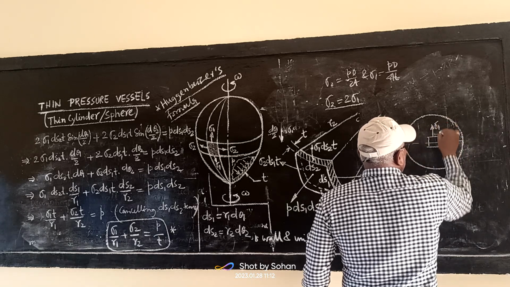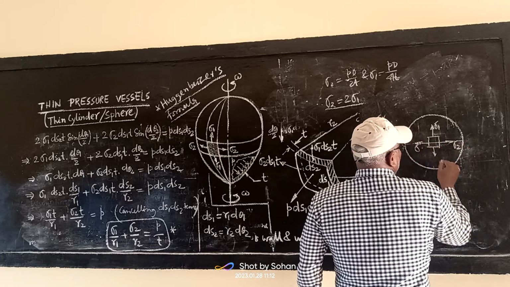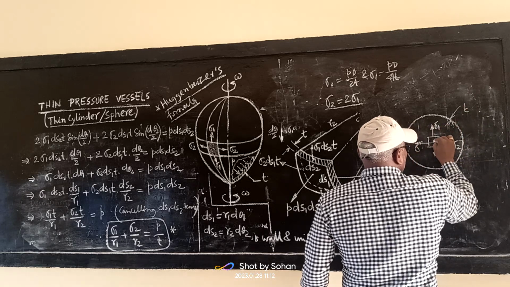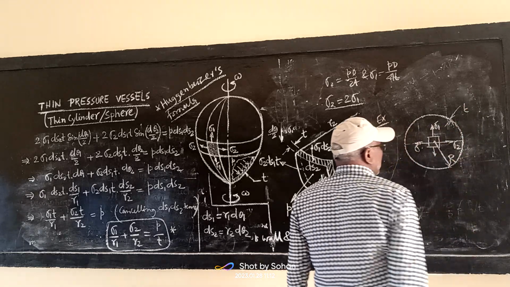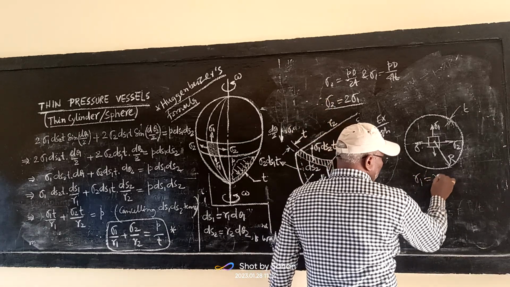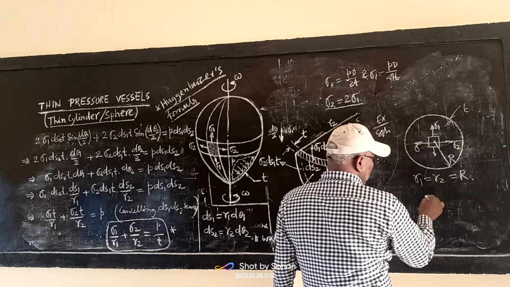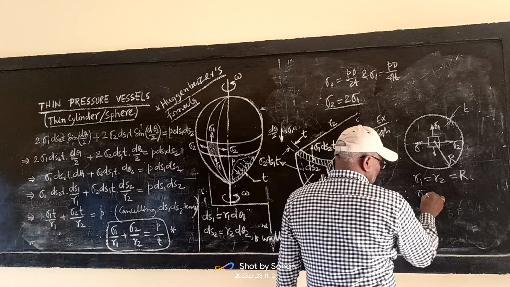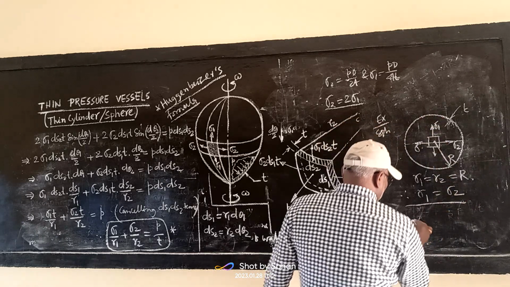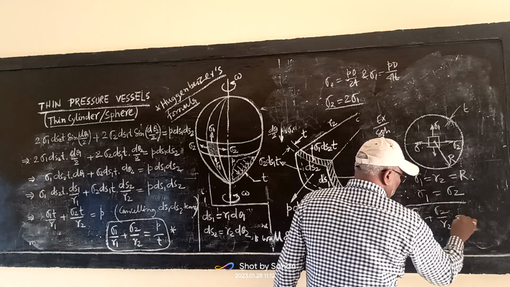This side is sigma 1, this side is sigma 1, this side is sigma 2, this side is sigma 2. The thickness is t, the pressure is P, and the corresponding radius is capital R. In this case R1 is equal to R2, equal to R, and therefore sigma 1 is equal to sigma 2. We apply the formula sigma 1 by R1 plus sigma 2 by R2 is equal to P by T.